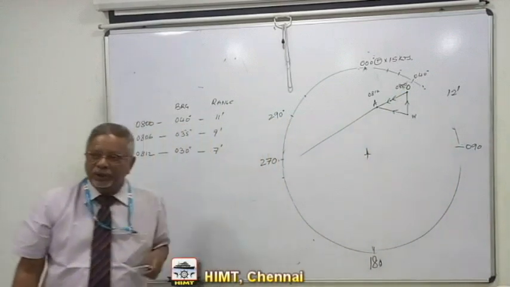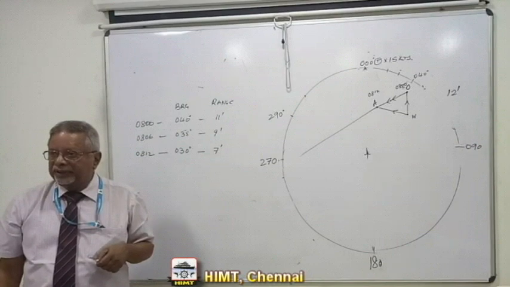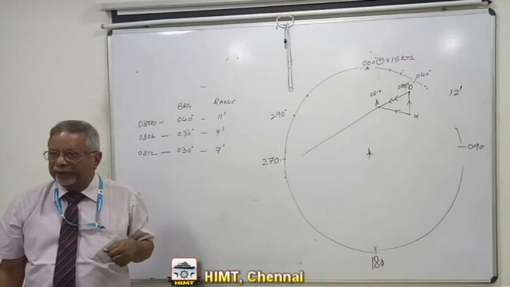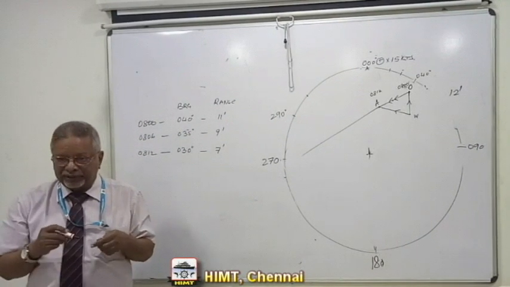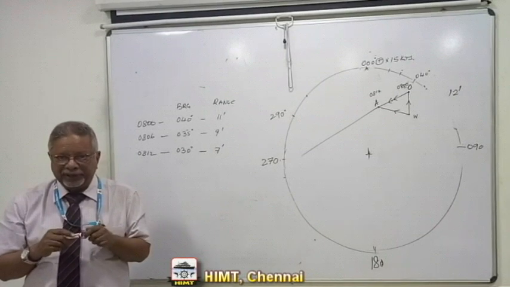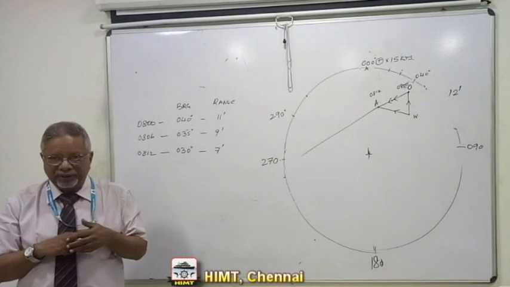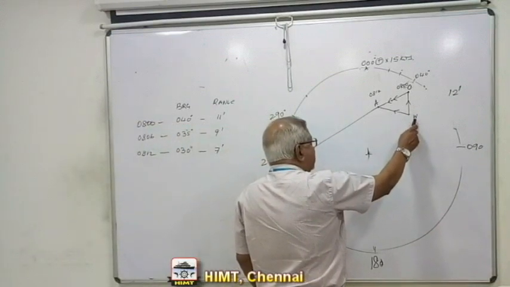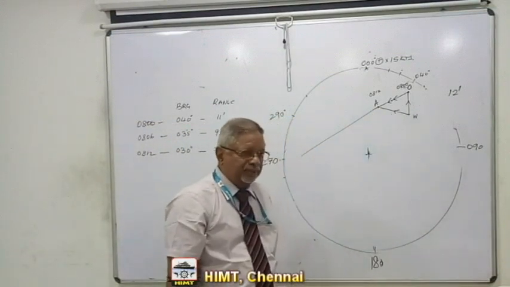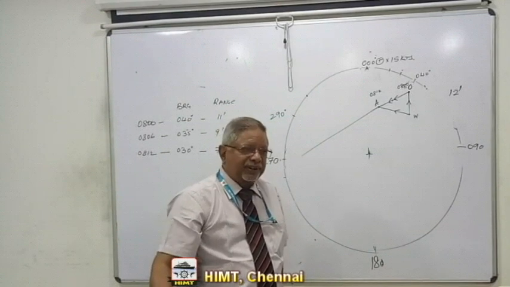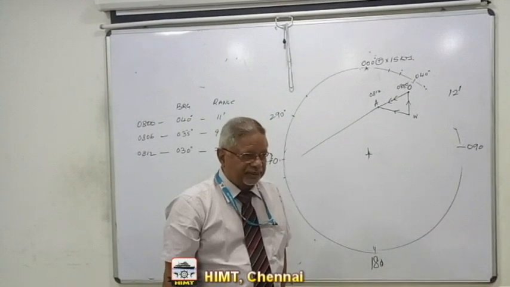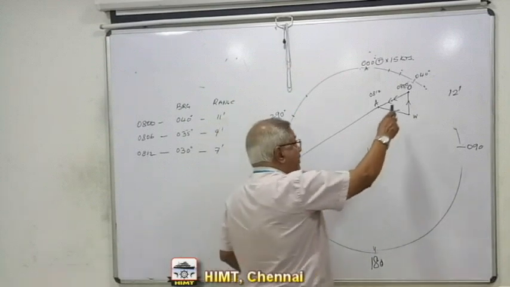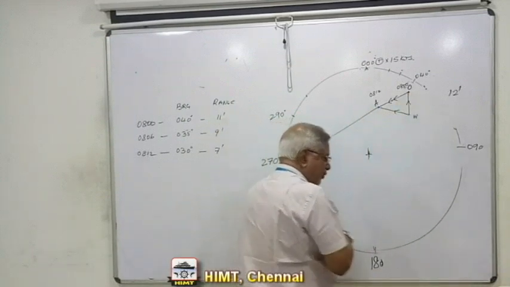So this is how you should mark the different segments of the OAW triangle. The direction in which the ship is heading, your own ship WO. The direction of the target is from W to A, not the other way around. So the direction is WA. And OA is the relative line of approach.